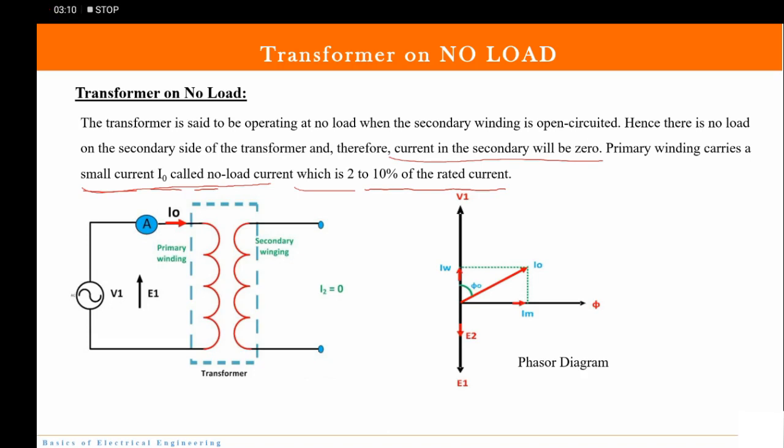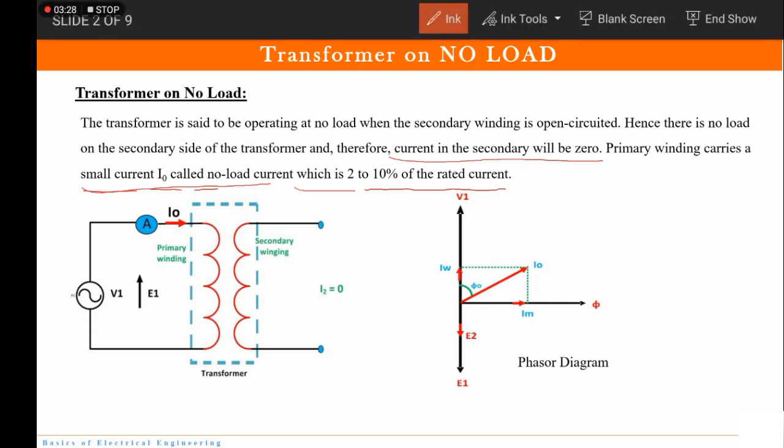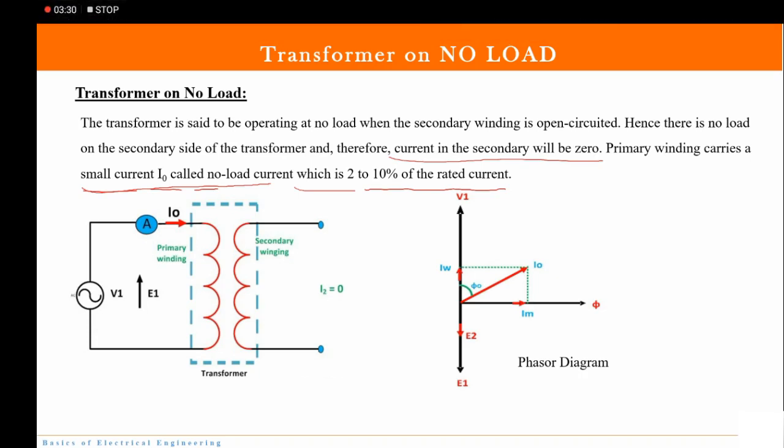But practical condition says that it cannot be pure, so it has some winding resistance. Ideally our resulting current, which is I0, will lag the voltage by 90 degree, right?